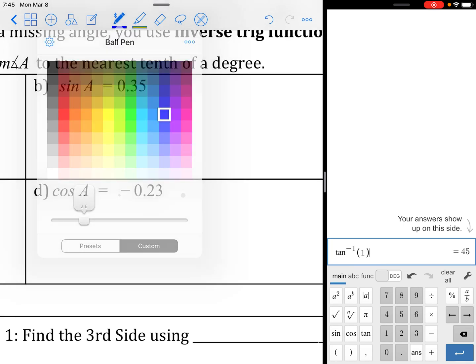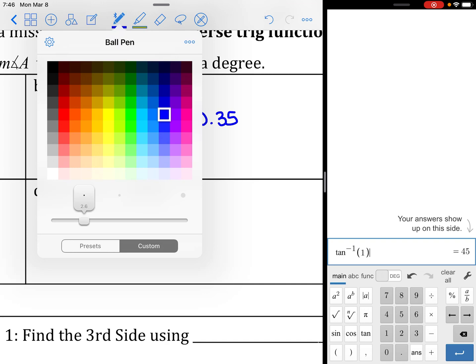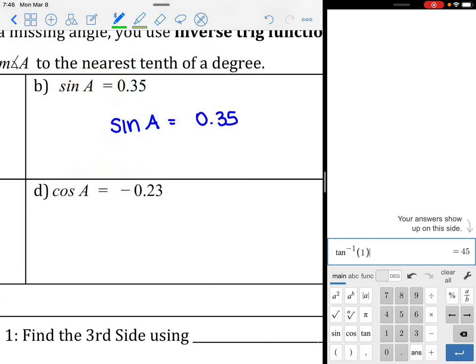So let's look at this next one. All right, so this one originally is using the sine function. So the sine of angle A is equal to 0.35. So the ratio of those two sides that were given would be some ratio that equals 0.35. Now I want to figure out what I need to use to cancel out this sine function. So the opposite of sine is the sine inverse, or the inverse sine.